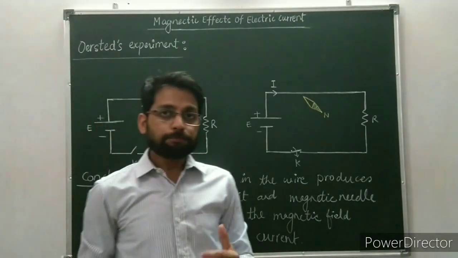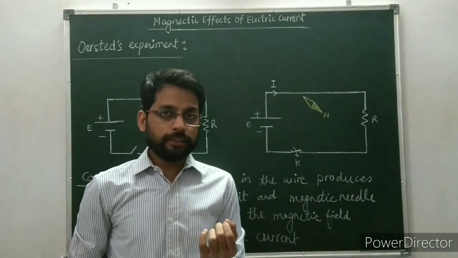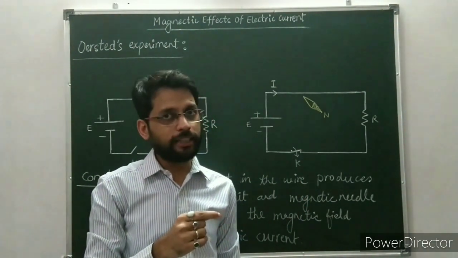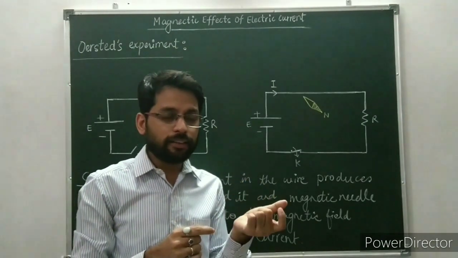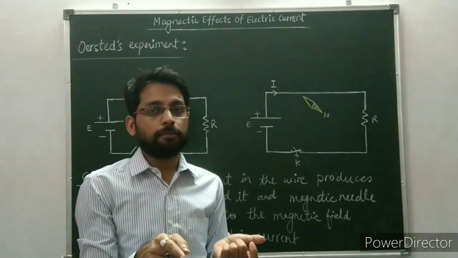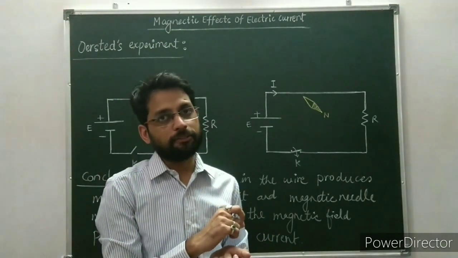It means the current in a wire produces a magnetic field around it, and the needle responds to the magnetic field produced by the current in a wire.